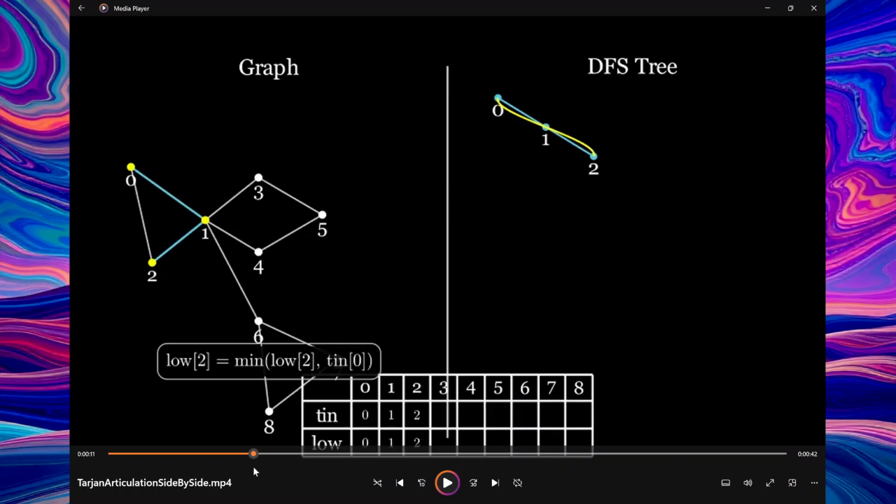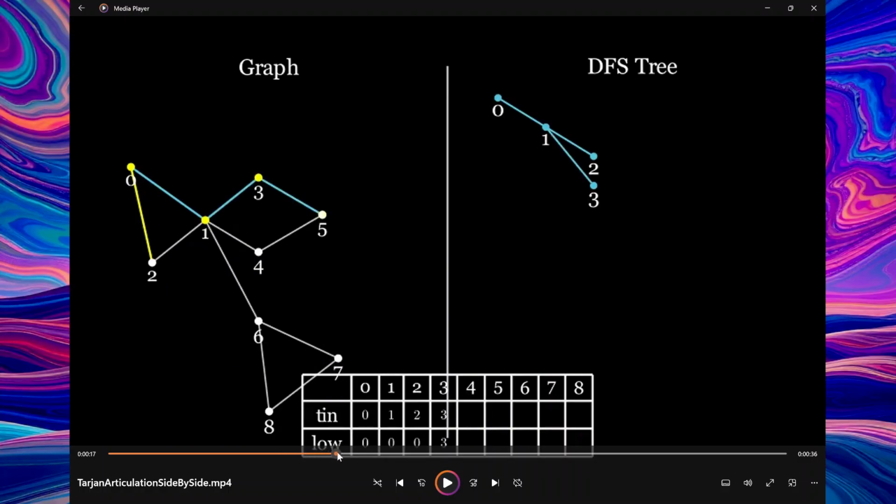So what's secretly going on is when we do our DFS, we have the low value and we're propagating the low value down every time we do this DFS, so that when we eventually form a back edge, which happens here, we can check it. So when we finally hit that yellow edge, we've already visited 0, so we know it's a back edge.